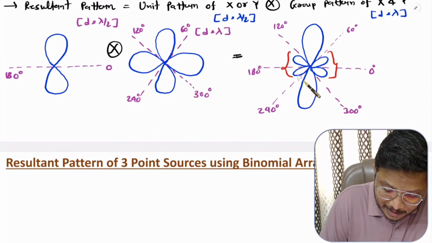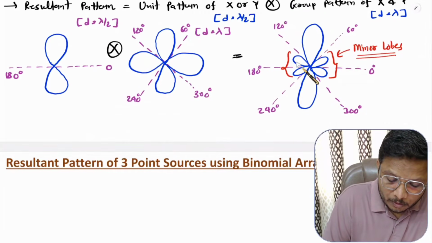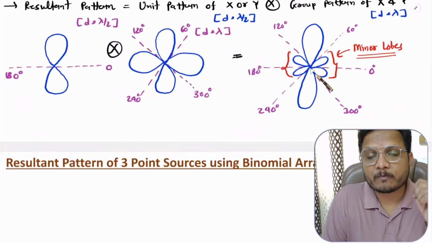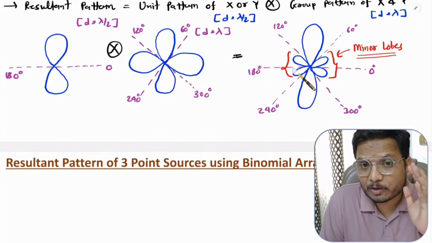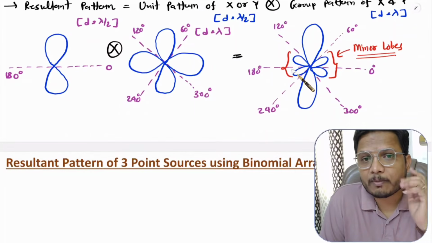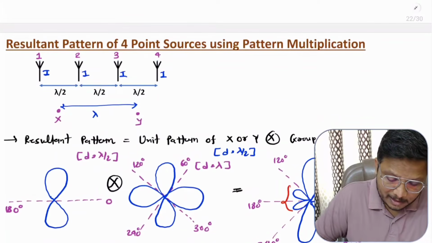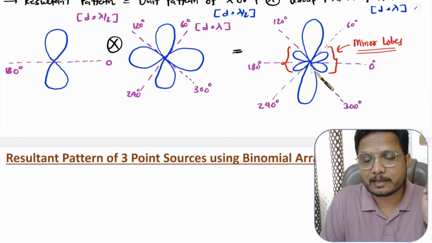You see, these are the minor lobes that we have. Now to eliminate these minor lobes, we use a binomial array, in which we use non-uniform current distribution. If you have uniform current distribution, then the radiation pattern is somewhat like this.